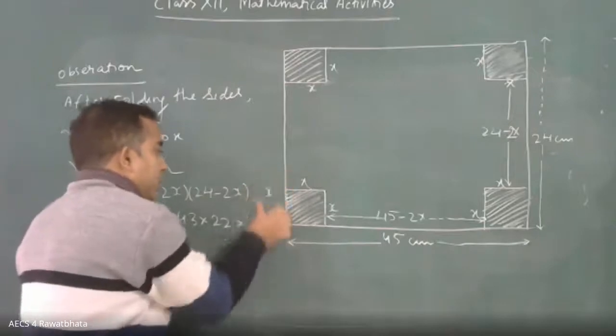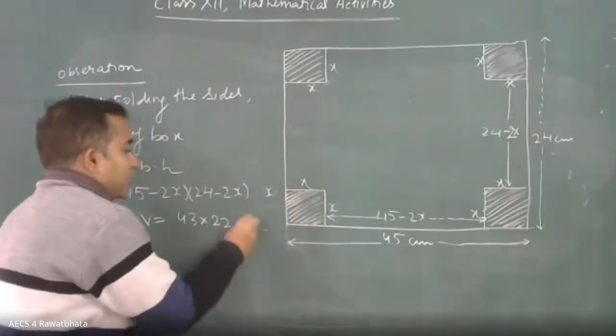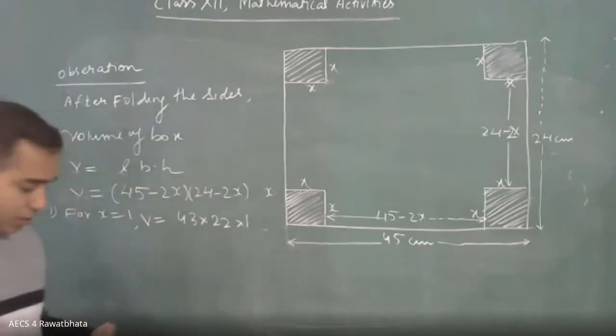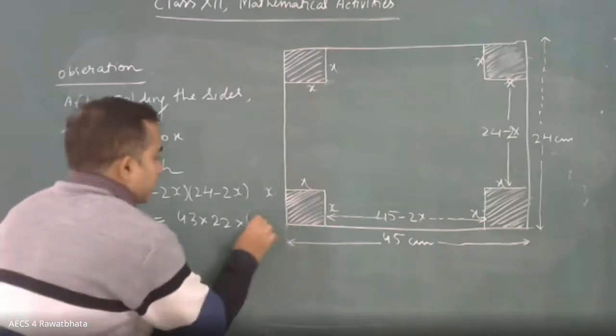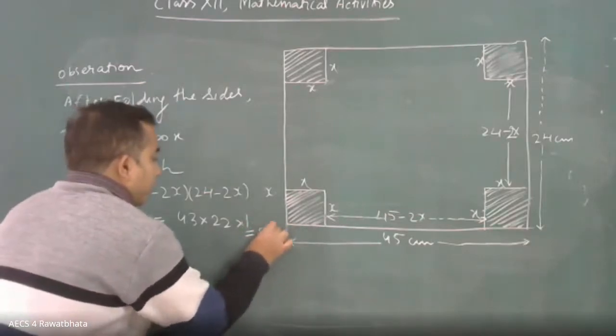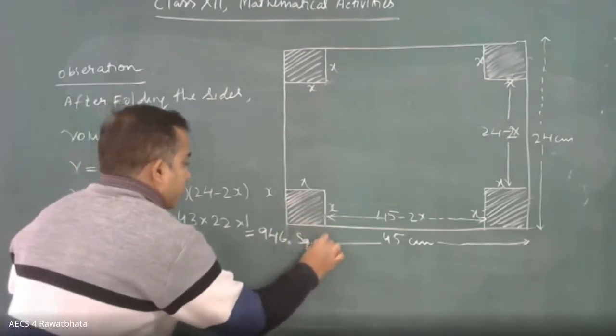Sir, why did 2x come? The height will be x, sorry, x will come, not 2x. Correct, yes. So please help me, I am also calculating 43 into 22, this is going to be 946 square centimeter.